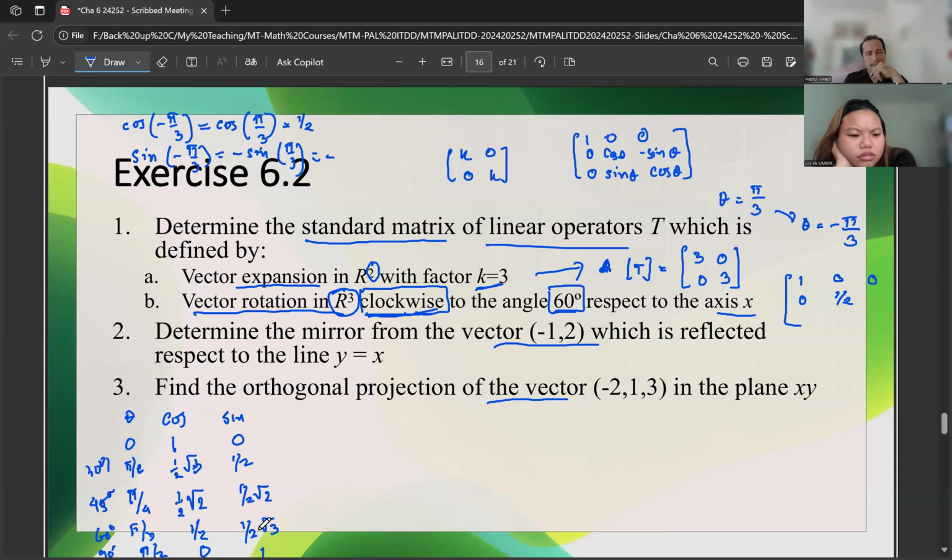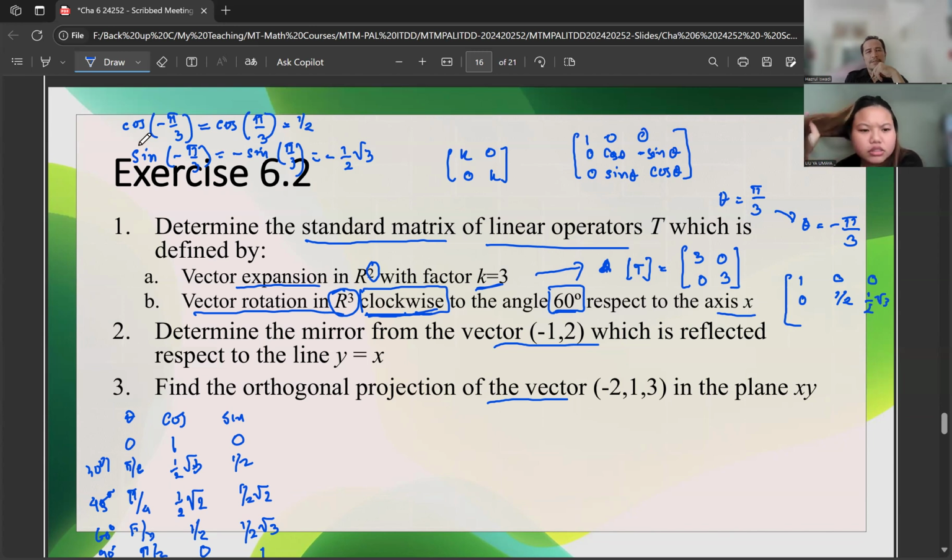Pi over 3 is a half square root of 3. So we have here minus. Our value of sine minus pi over 3 is minus a half square root of 3. So minus minus will be plus. This will be a half square root of 3.